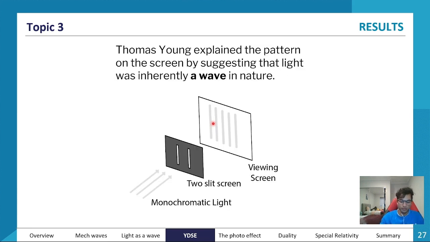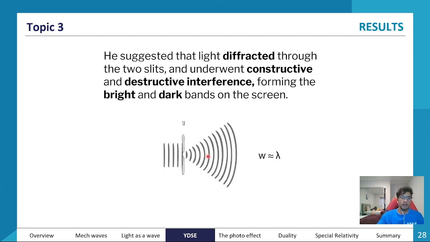So this phenomenon was explained by light being a wave. Essentially, you have light that's traveling through the gap, and this light is diffracting. You imagine that this is all the light waves, and light waves sort of diffract.